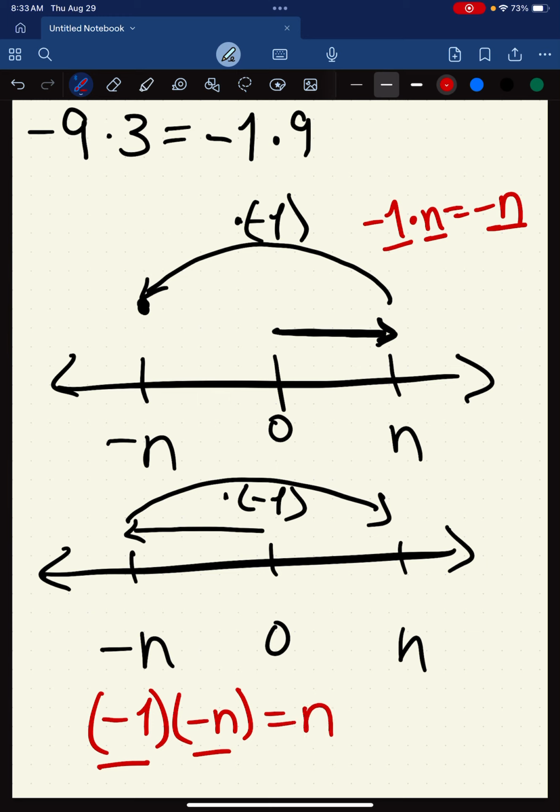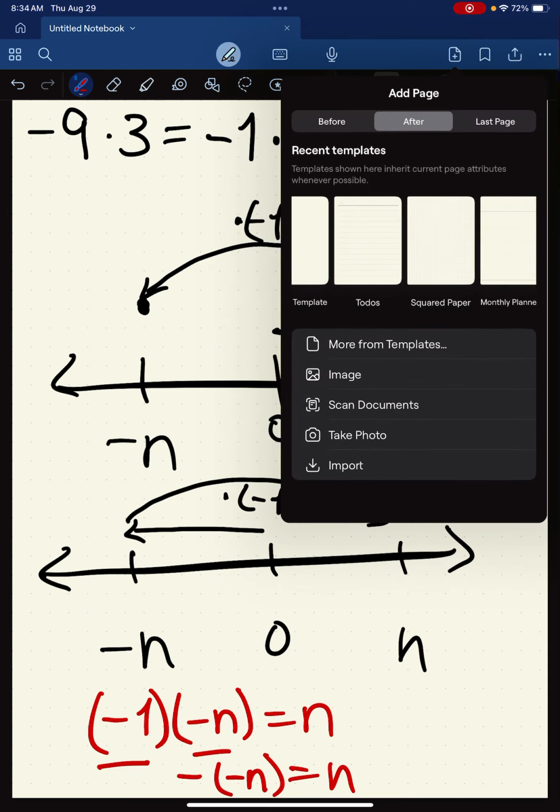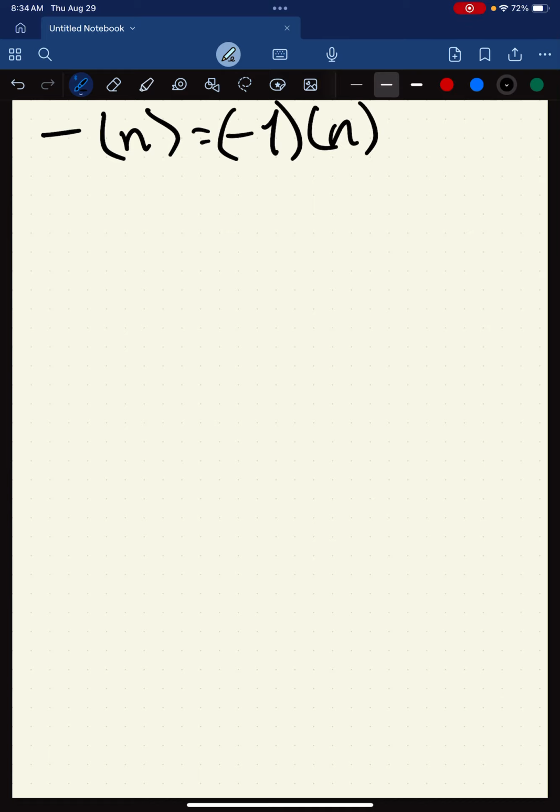If we see the notation negative n, what that really means, the actual operation, is negative 1 times n.